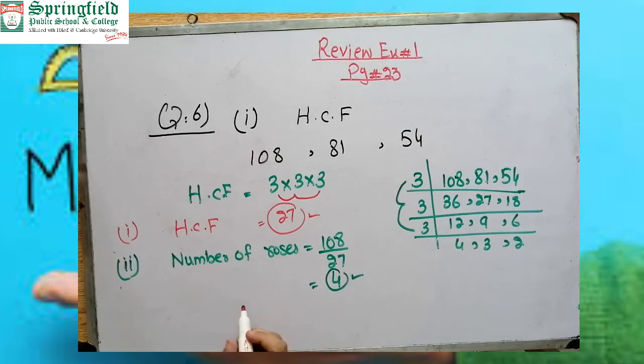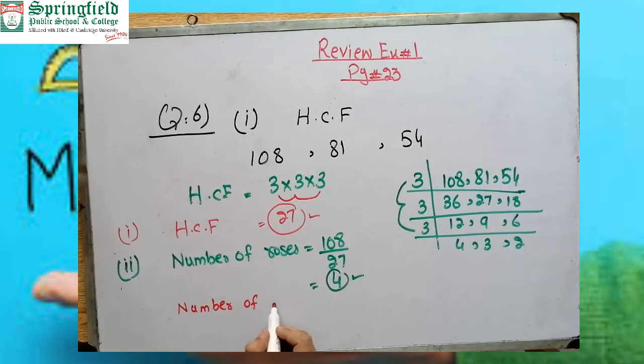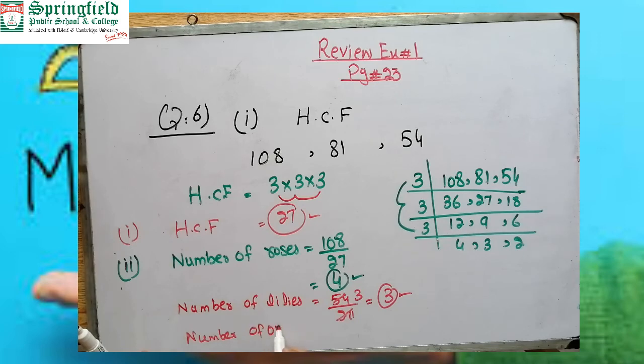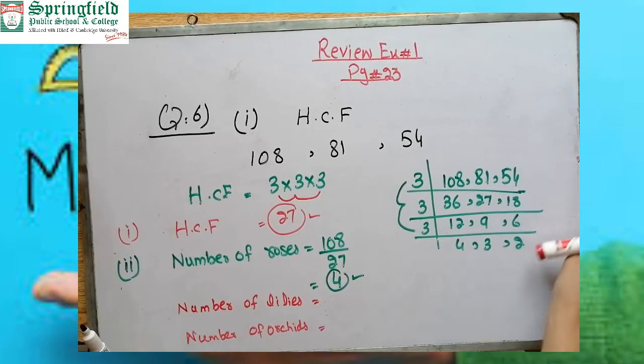And then the number of lilies is equal to, how many lilies, 81, then divide by HCF 27.